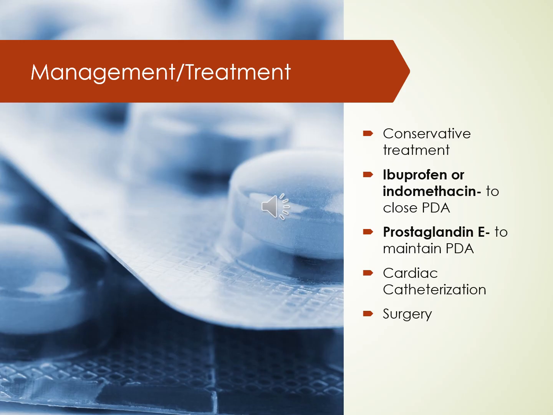All right, so we have conservative treatment and then ibuprofen or indomethacin to close that PDA. What is a PDA? That's that patent ductus arteriosus where that's open. And then prostaglandin E to maintain PDAs, cardiac catheterizations, and surgery.